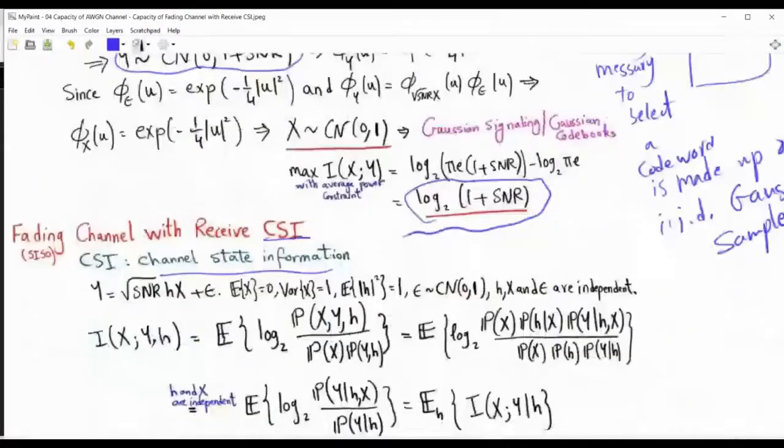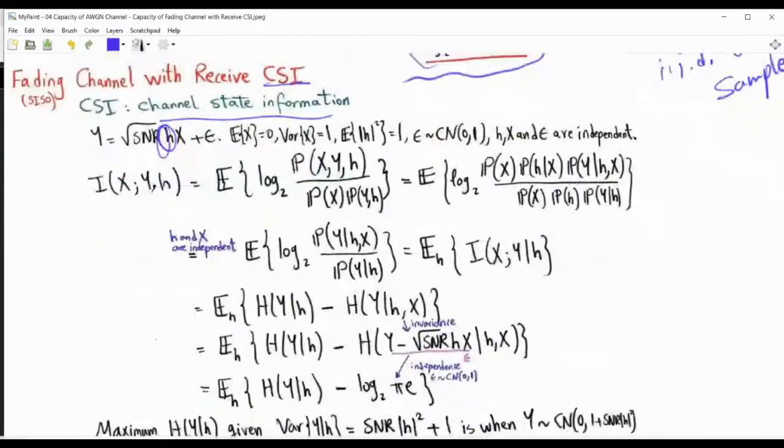I will just give you the final result. The final result is exactly like this log 2 of 1 plus SNR term, but now the difference is that you have this H here, which is the channel.